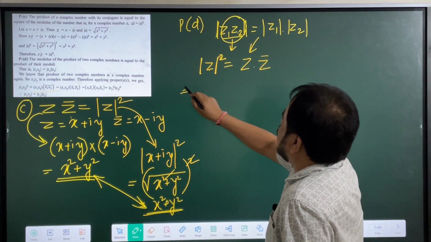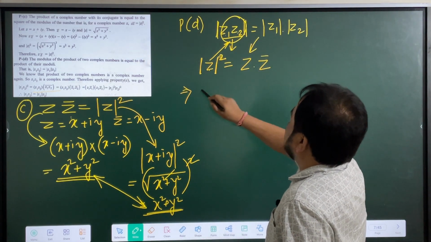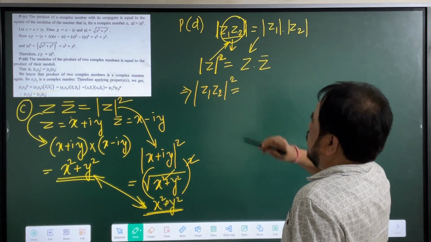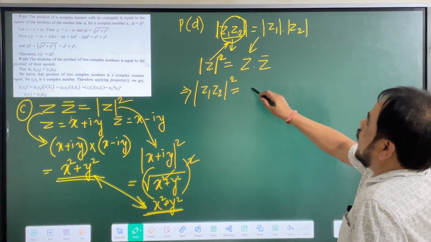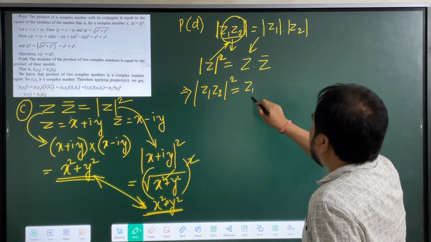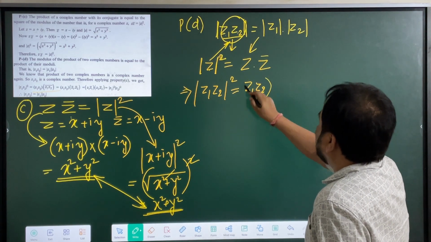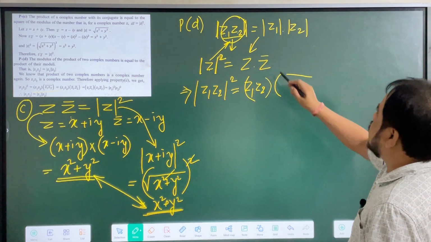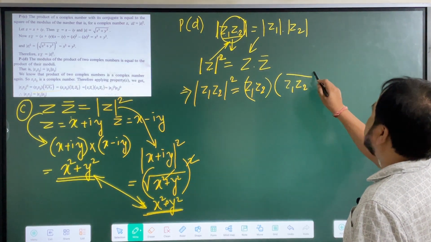Now let us write Z1 Z2 square. Now what will we write here? Z means what? Z1 Z2. So Z1 Z2. Again, Z means what? Bar, let the bar be as it is. Z means Z1 Z2.